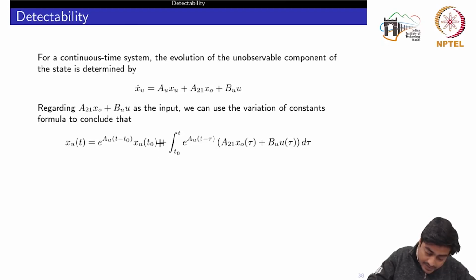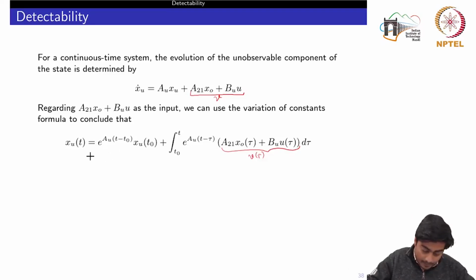So I can treat this component as another input, let's say V. This is what we had also seen earlier. We can use the variation of constants formula to compute this XU, right? So this one is basically V of tau, okay. So XU is given by this one.